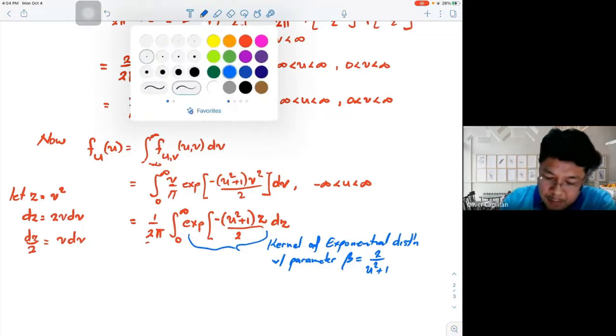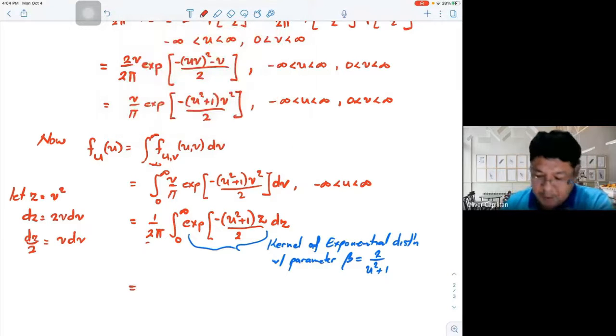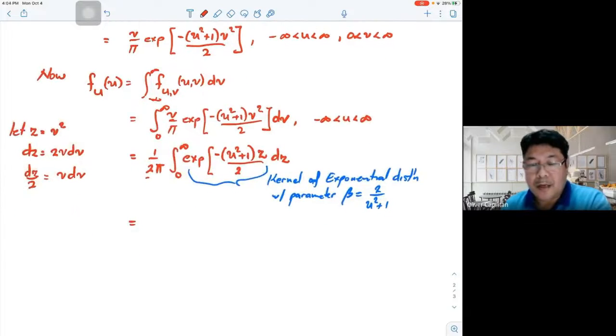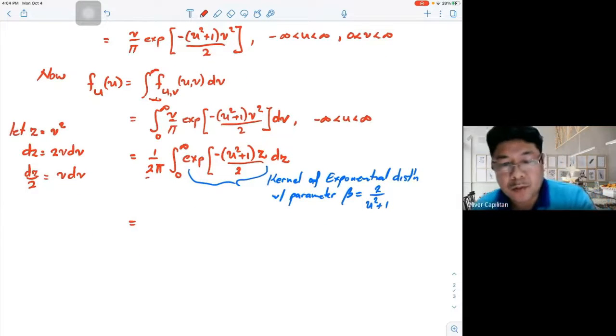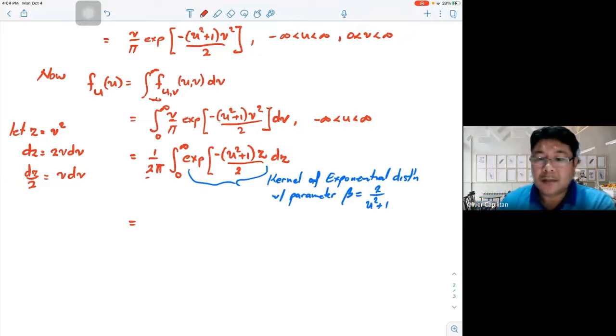Therefore, kernel man yan siya. So the appropriate expression that we're going to multiply and at the same time divide to get the PDF of our exponential distribution, then we have beta over beta. So yung beta natin, that is 2 over u square plus 1 over 2 pi.